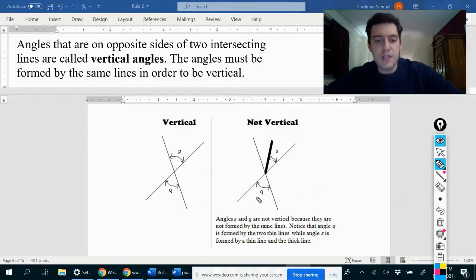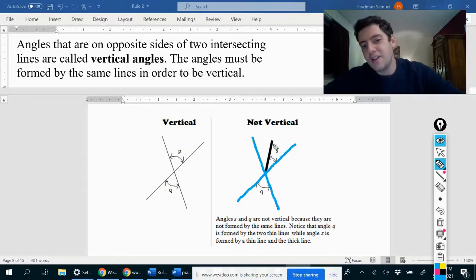Why not? Because angle Q is formed from these lines, and if we extend these lines here, then it looks like this line over here is one of the lines that makes angle S, but not this one over here.